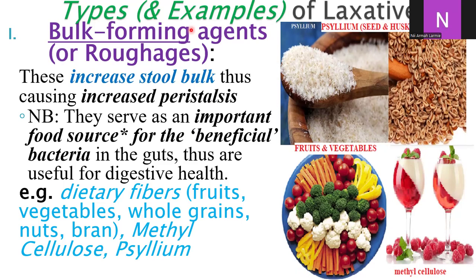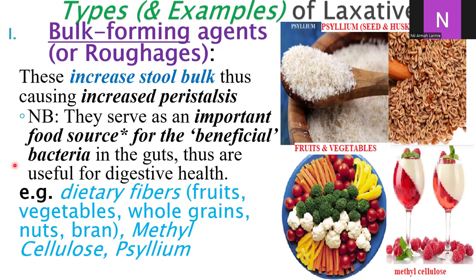And once they increase the bulk of the stool, by pull of gravity, it causes an increased peristalsis. So in this case, you notice that we are increasing bowel movement through peristalsis. So this one operates mostly through that method.